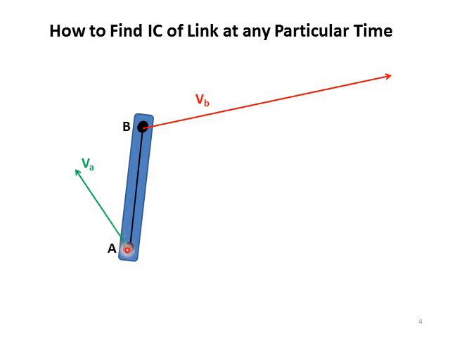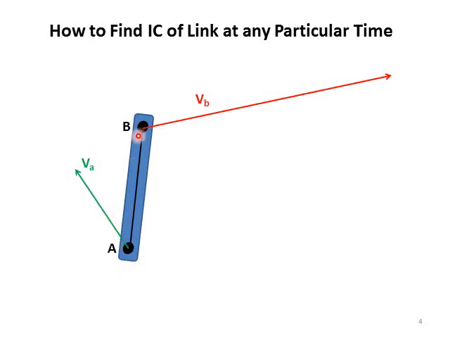At point A, the direction of velocity is the green direction like this, and the magnitude of velocity will be from the base of the green arrow to the tip of the arrow.